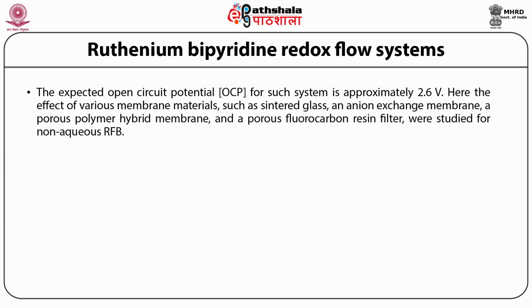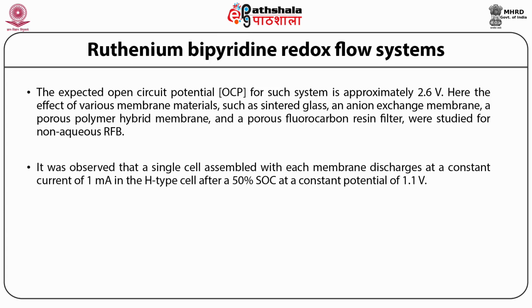Here, the effect of various membrane materials, such as sintered glass, an anion exchange membrane, a porous polymer hybrid membrane, and a porous fluorocarbon resin filter, was studied for the non-aqueous RFB. It was observed that a single cell assembled with each membrane discharges at a constant current of 1 milliampere in the H-type cell after 50% SOC at a constant potential of 1.1 volts.